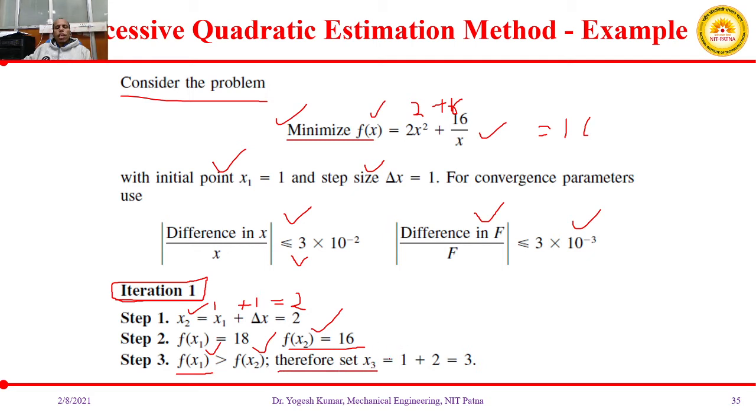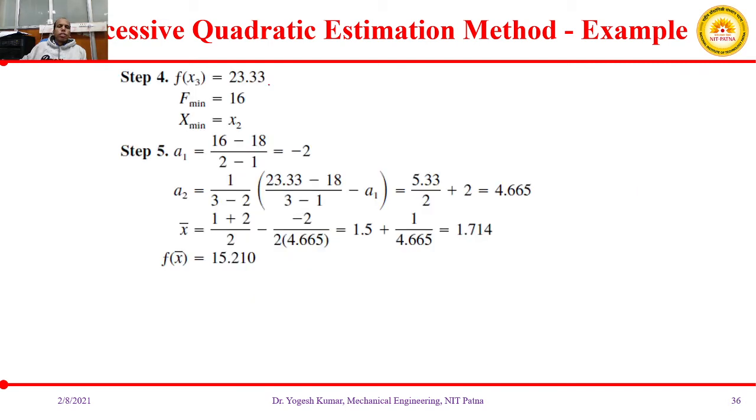This will be x3 equal to x1 plus twice delta x. So this is 1 plus 2 into delta x, which is 1, so this is equal to 3. So we have 3 points x1, x2 and x3, and x3 is now equal to 3.